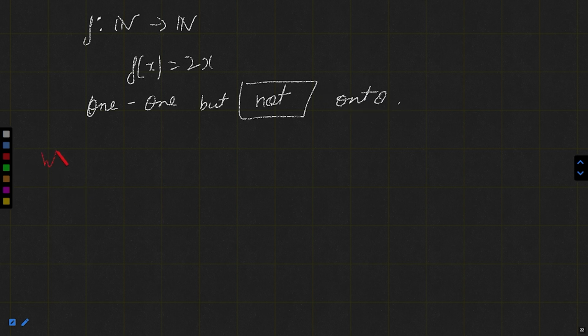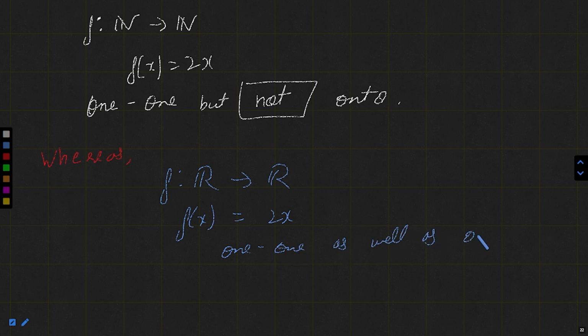Whereas f from the set of real numbers to real numbers, the same function f(x), becomes 1-1 as well as onto.